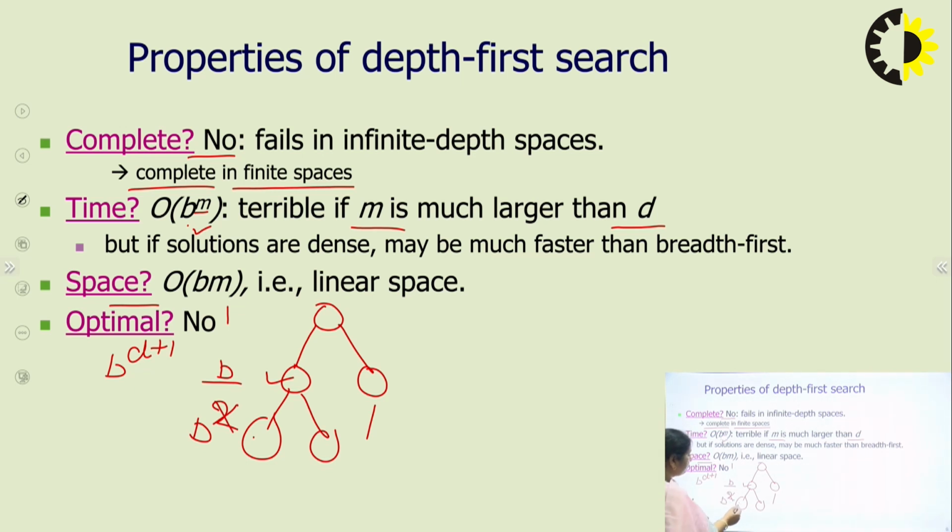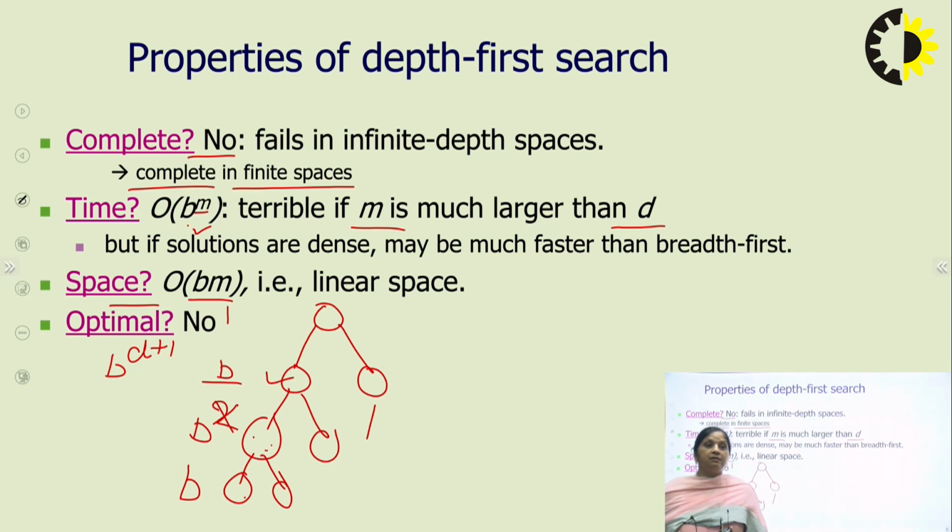Then if this is explored in depth, it means only this particular node has further B nodes. So at depth 2, at depth 4, at depth 6, what is the maximum depth? M. Okay, so we have a linear space requirement.